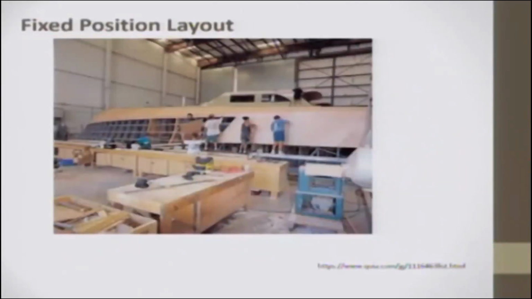So this is a typical example of a fixed position layout. In this they are trying to manufacture this body of a ship. You can see this is not a fuselage, this is an open body. They are putting these sheets over here.